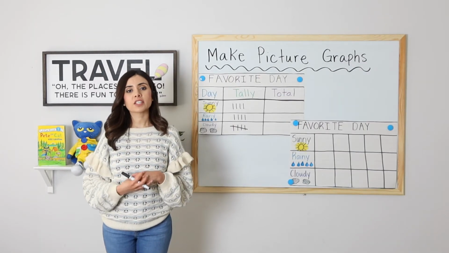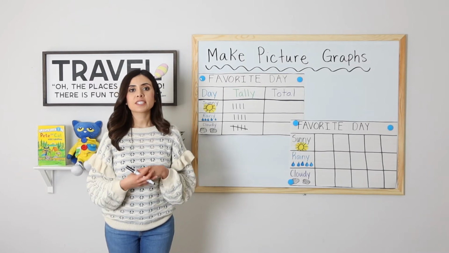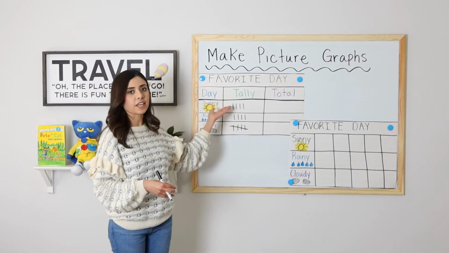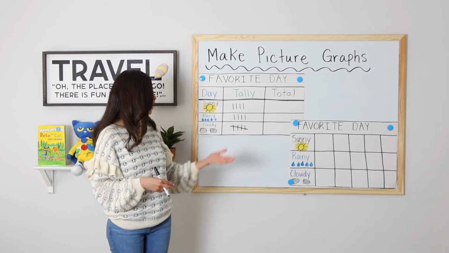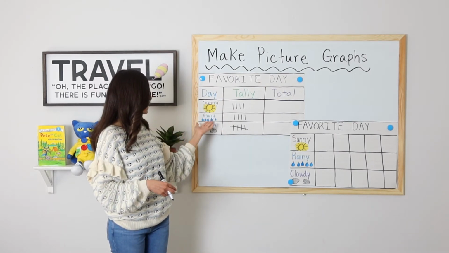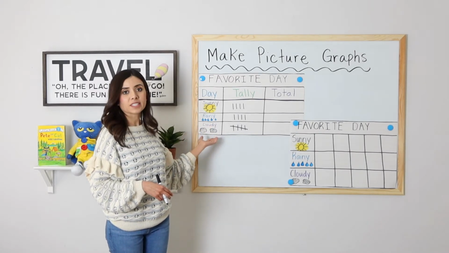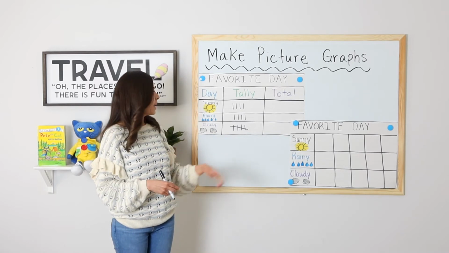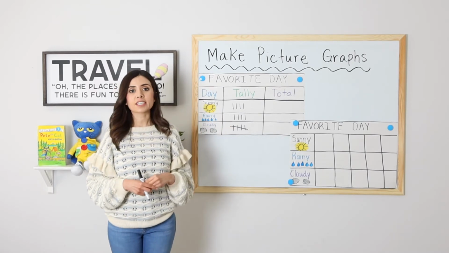Okay, let's go ahead and take a look at our last example. For this example, Miss Jones asked her class to name their favorite kind of day. Was their favorite kind of day a sunny day, a rainy day, or a cloudy day? Let's go ahead and count to see how many students chose a sunny day as their favorite kind of day.